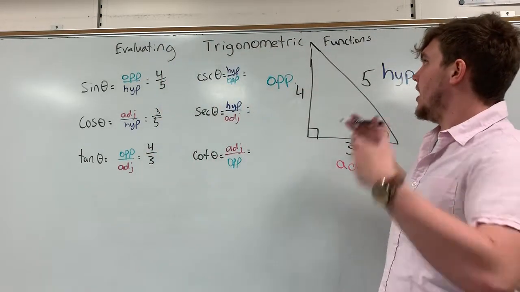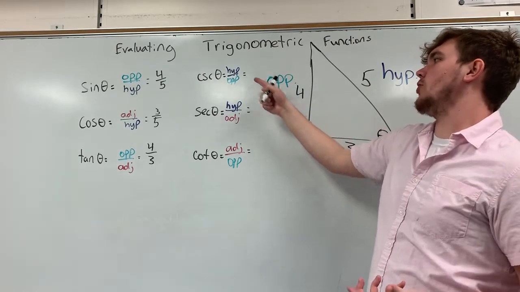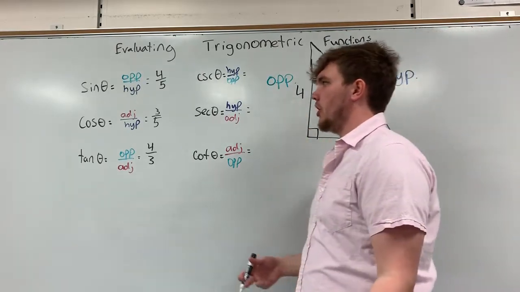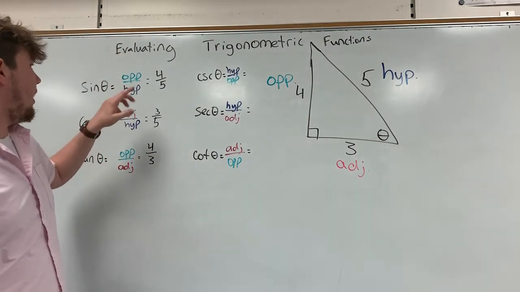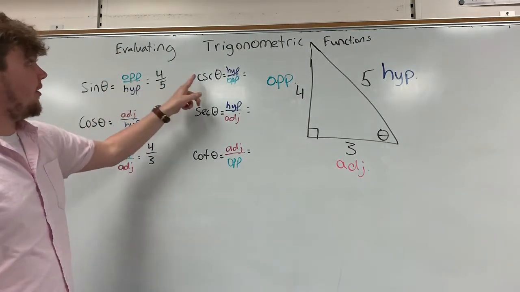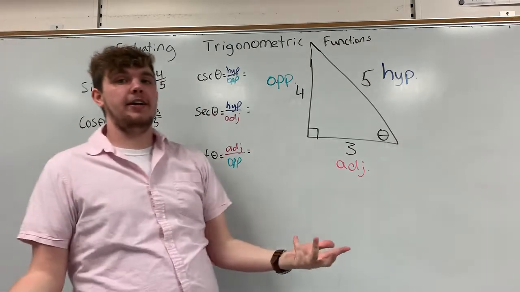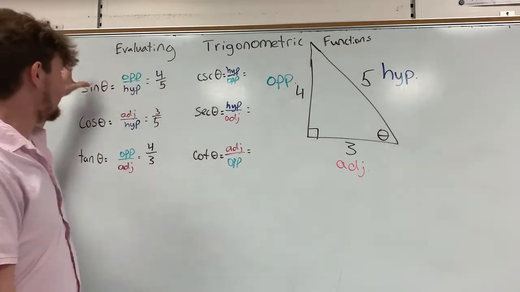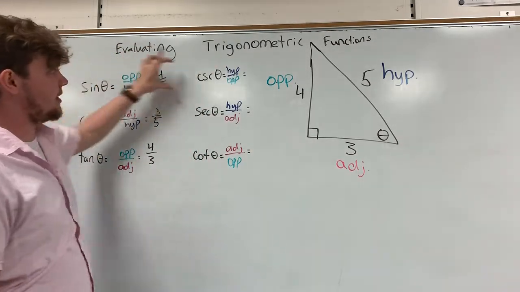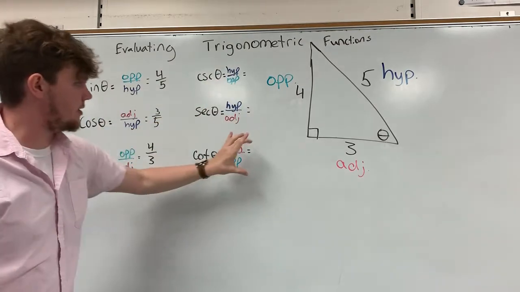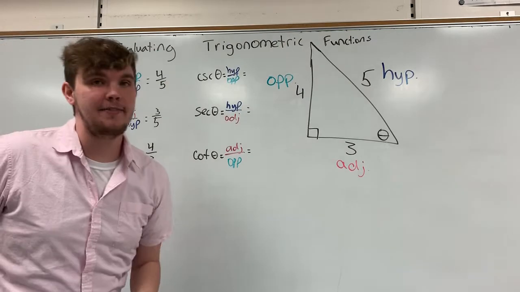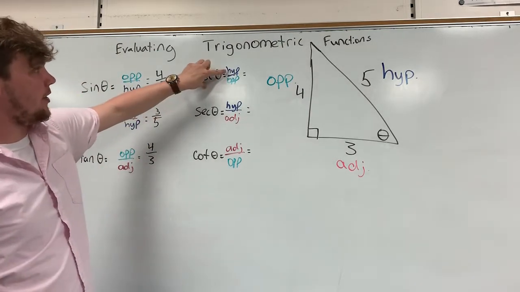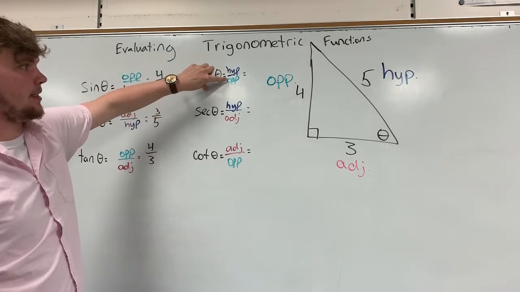Okay. And then we have the 3 reciprocal trigonometric functions, the other 3. First, we have the cosecant of theta. This is the reciprocal of sine. I laid them out: these are reciprocals, these are reciprocals, and these are reciprocals. So, the cosecant of theta is the hypotenuse divided by the opposite.